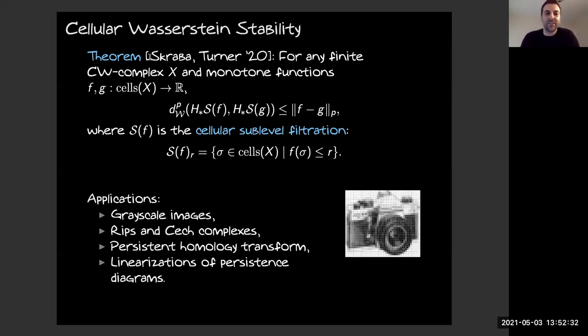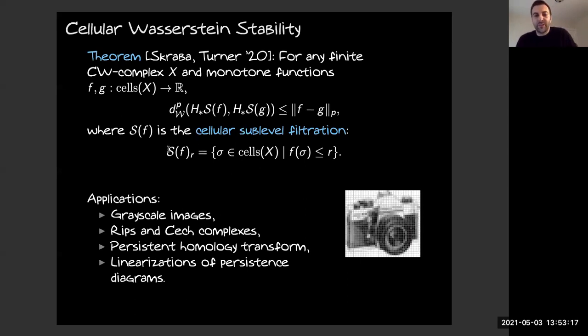The statement is so simple that it's surprising it wasn't discovered before, because people have been doing this kind of stability work for at least 17 years. What the statement says is, for any finite CW complex X and monotone functions f and g from the set of cells of X to the real numbers, the p-norm of the difference between f and g is greater than or equal to the p-Wasserstein distance of the barcodes of the sublevel filtrations of f and g.